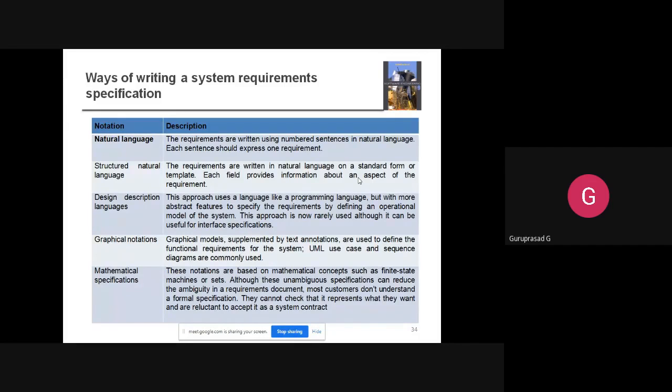That means use text highlighting. Wherever possible, try to associate a rationale with each user requirement. Because generally user requirements are written in natural language only, that is English. But still, when you use English also, the guidelines say that you follow a standard format. Use the language consistently to distinguish between mandatory and desirable requirements.